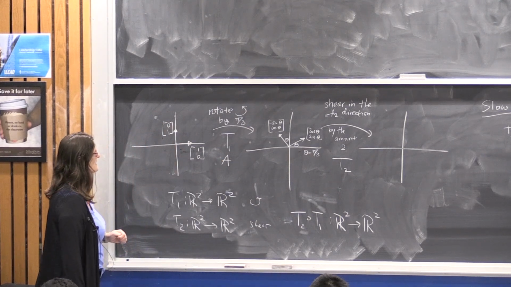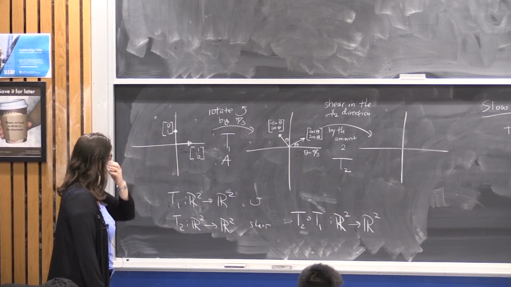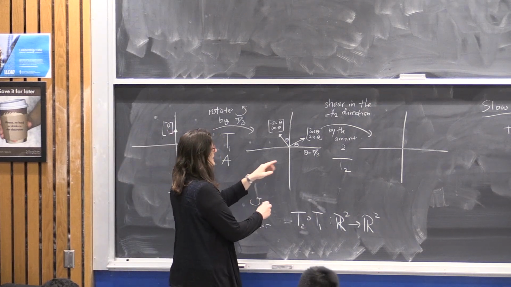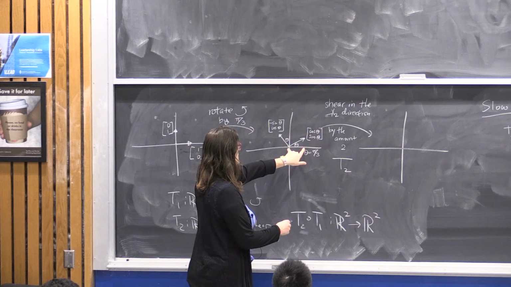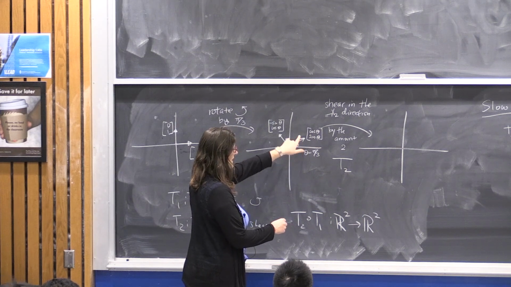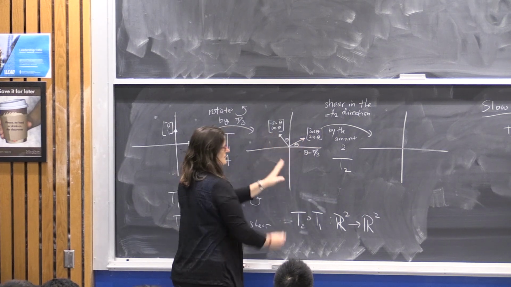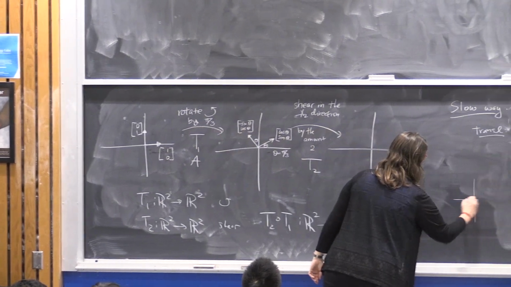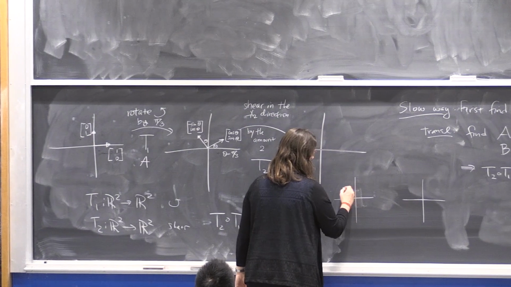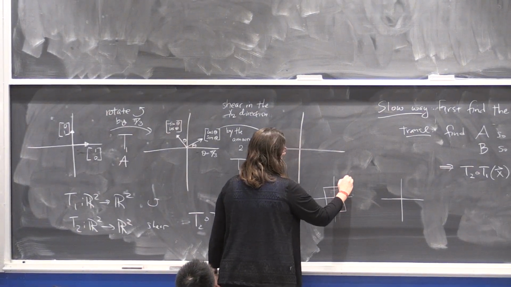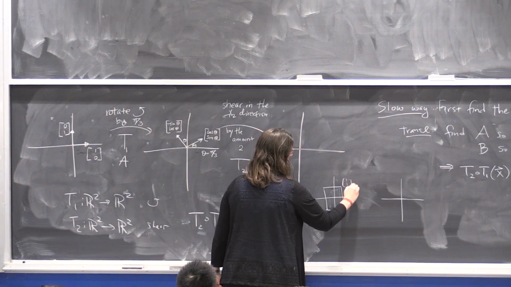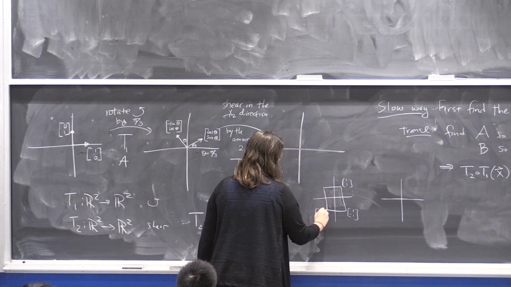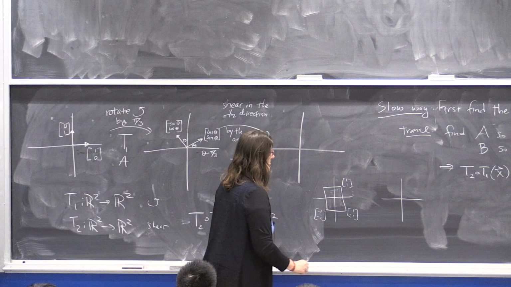Now to get the matrix B, I'm going to do the same thing, but I want to just figure out what I have over here. If this is the square, that's 1, 1, 1, minus 1, minus 1, minus 1, and so forth.